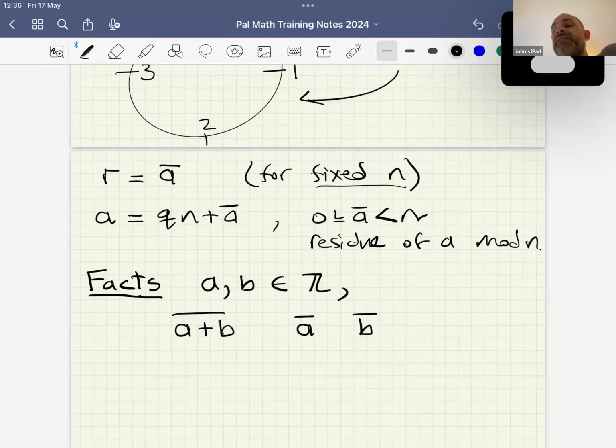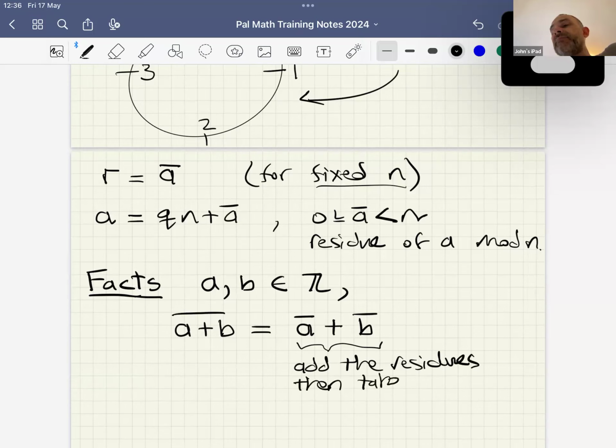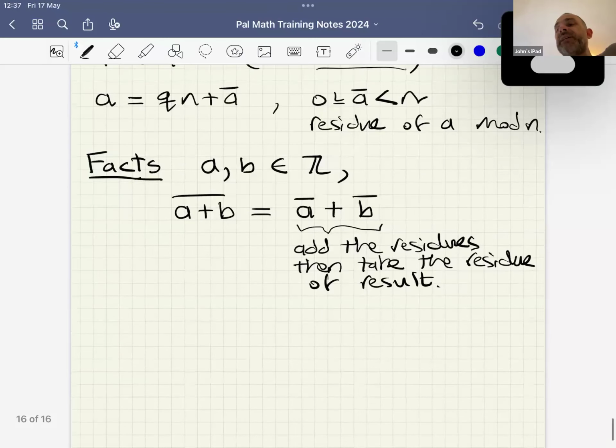And it turns out that you basically get this, where here we're taking, you add the residues and then take the residue of the result. So I'll just give you an example for n equals 4.